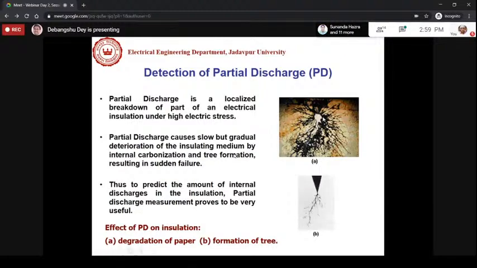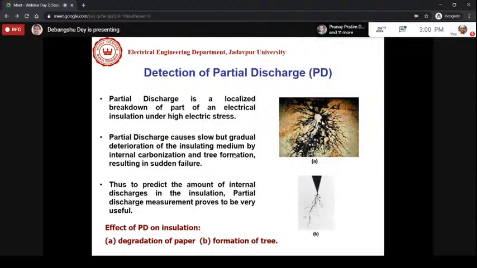And on the right side you can see the dark places, that means those portions of the insulation are gradually burnt. And after some days, after some years, after maybe a few months, the entire insulation may get damaged. So if you can detect the partial discharge, the local discharge within a transformer earlier, then you may take precautionary measures.